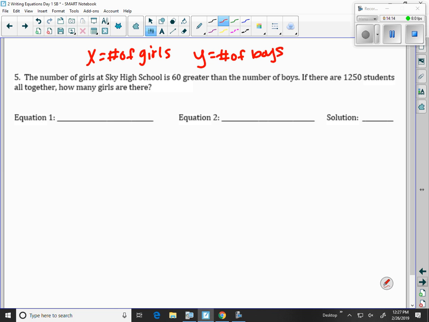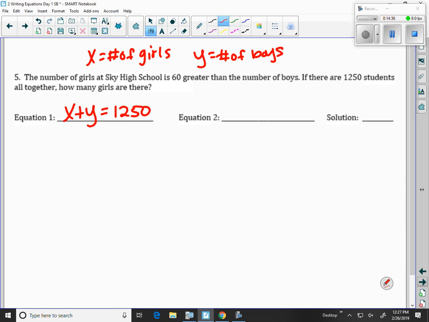X plus Y equals 1250. Okay, that's a total number. Then it says the number of girls is 60 greater than the number of boys.